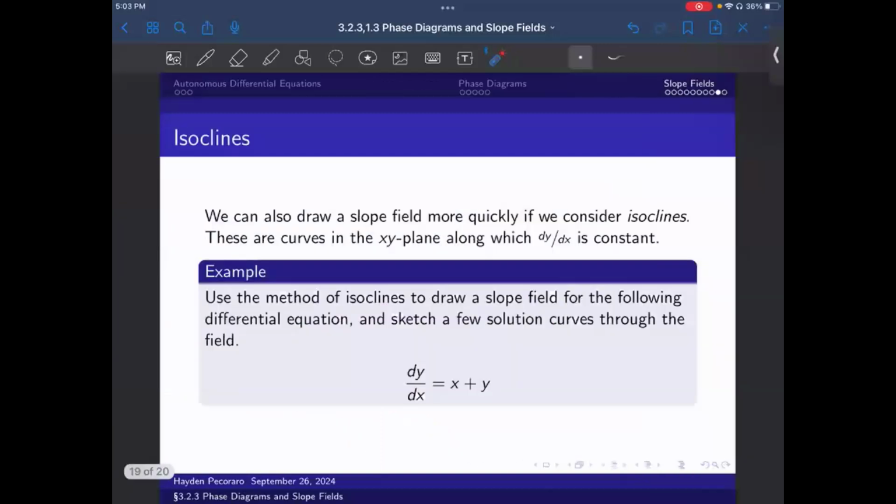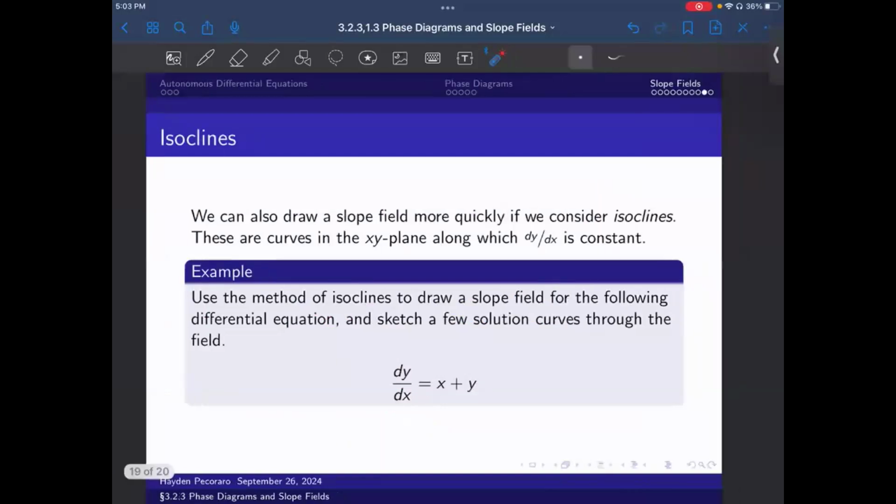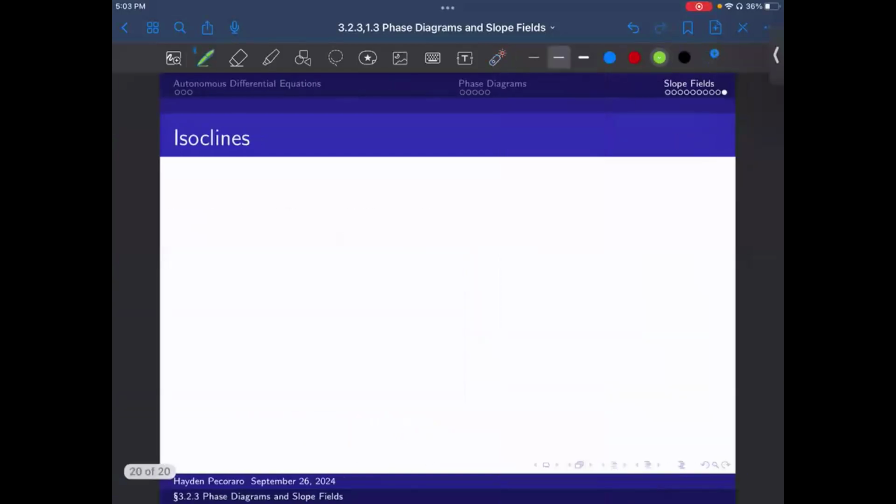So now I'm going to use the next page to do this. So we have dy/dx equals x plus y. And the isoclines are where the derivative is equal to some fixed constant.